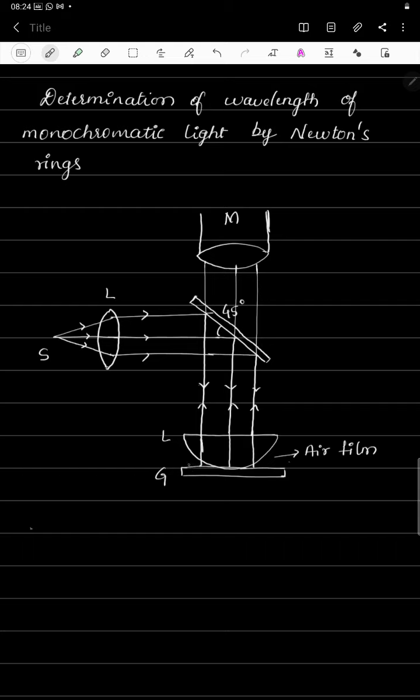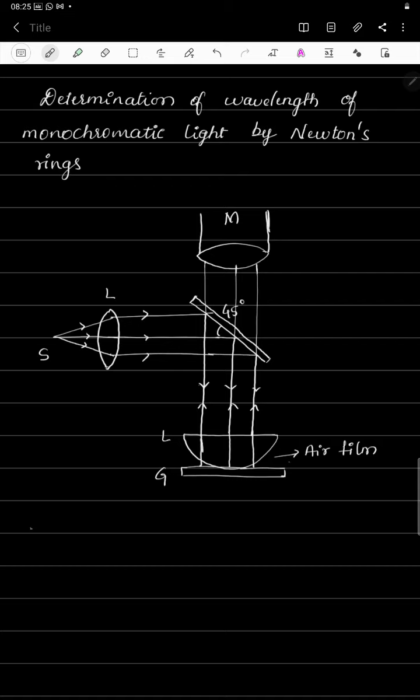So the first ray is reflected from the glass to air boundary, and the second ray is reflected from the air to glass boundary.